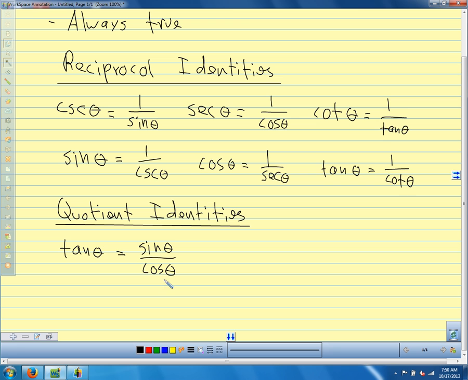On the unit circle, the tangent is y over x. y is sine theta, and x is cosine theta. And we know this reciprocal identity, so cotangent theta would just be the reciprocal of this, the cosine of the angle over the sine of the angle.